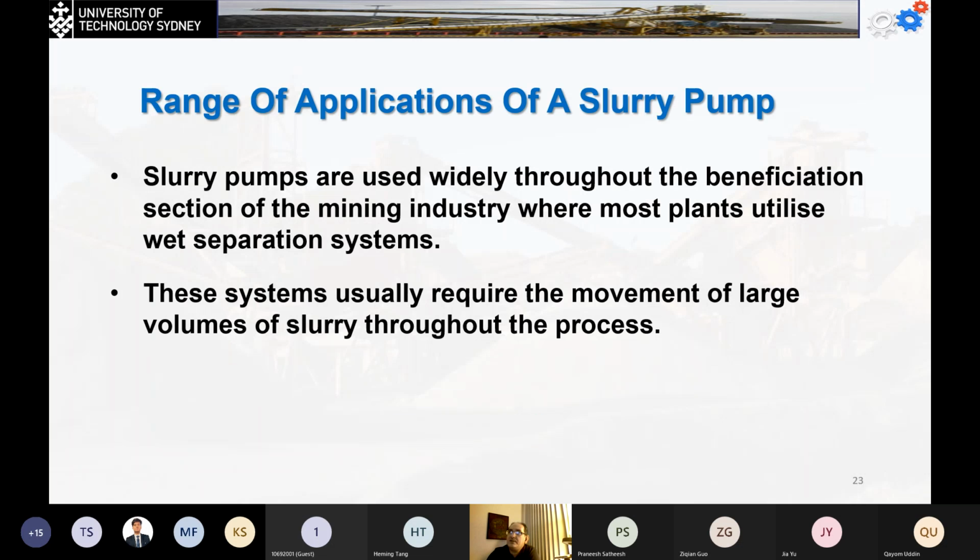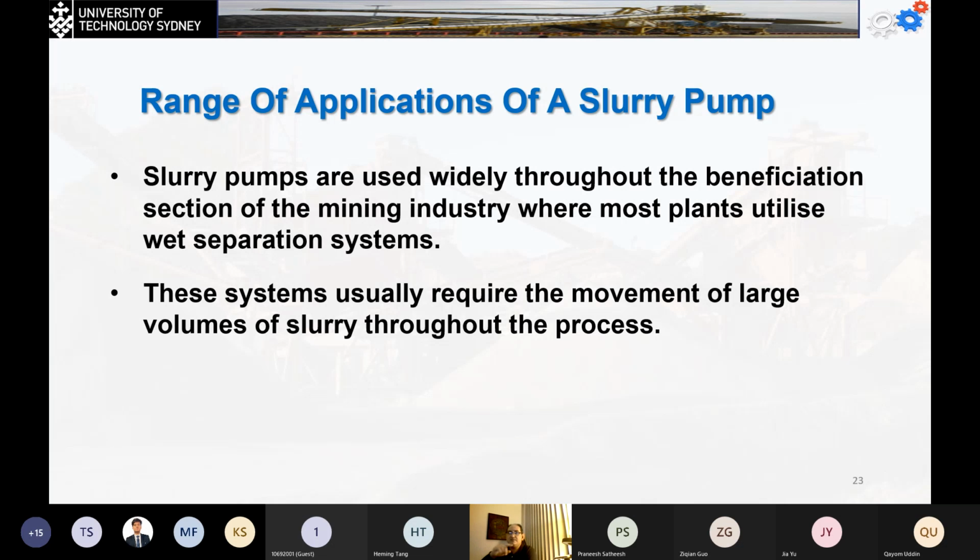Now, the range of applications we have for the slurry pumps is quite wide, and mainly they're going to be used in the mining sector, because usually what we do in the mining, we send the water that's going to cool the equipment down there and do the excavation process. It's much easier, and thus we can mix the material with the liquid and start to pump it outside.